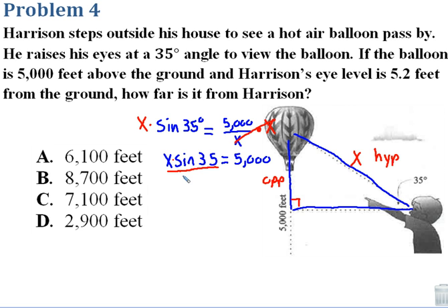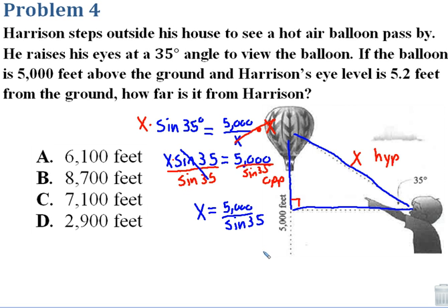So for that, I'm going to divide both sides by the sine of 35. Okay, sine 35s will cancel on the left. X is just equal to 5,000 over sine 35.